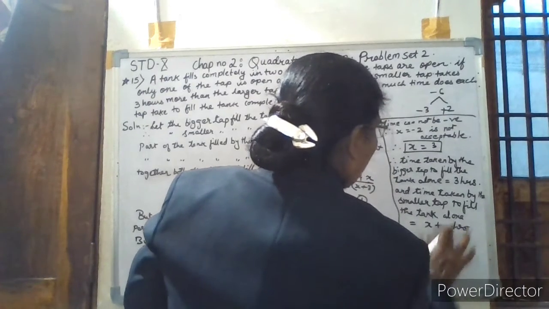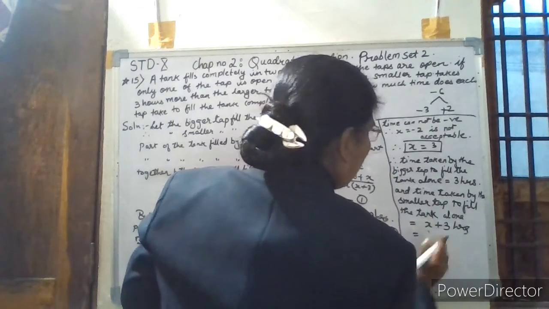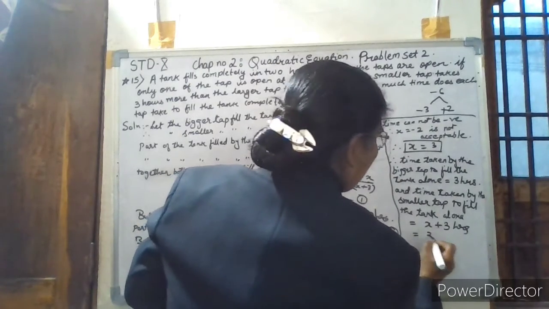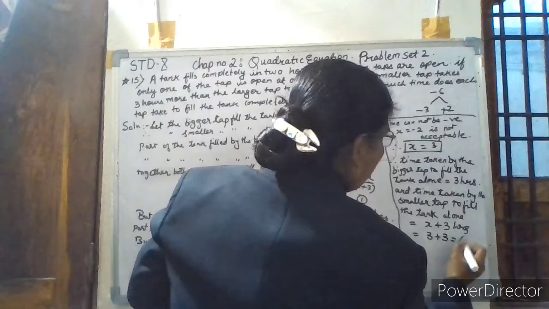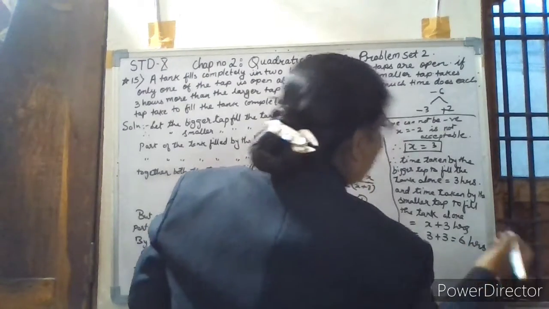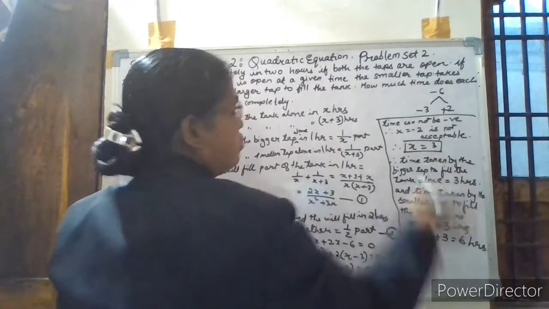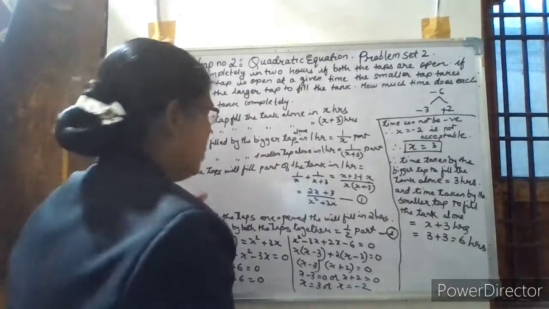X value is 3, so 3 plus 3 is equal to 6 hours. So the smaller tap will take 6 hours and the bigger tap takes 3 hours alone to fill the tank. So this is the solution of this question.